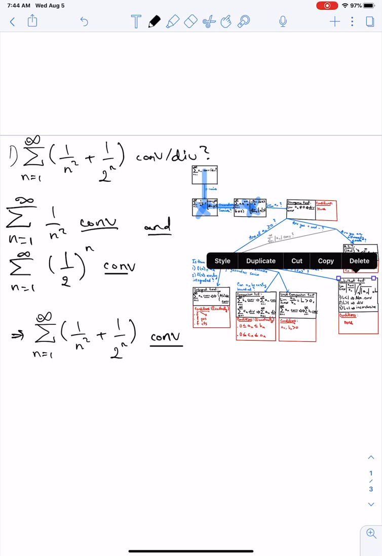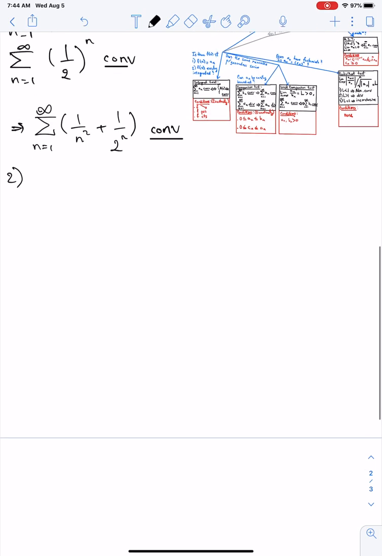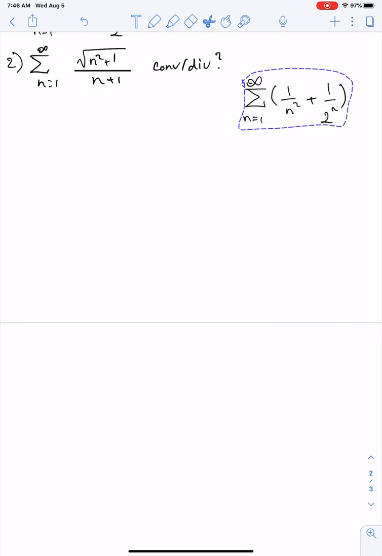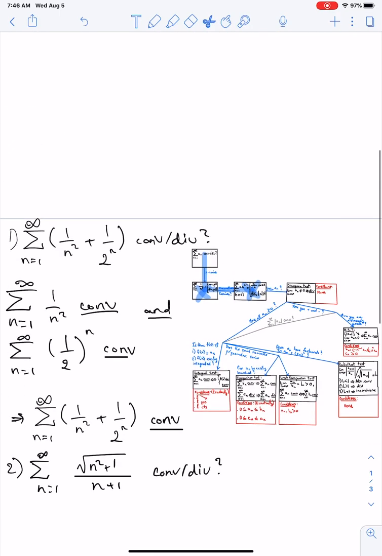All right, so let's do another one. Let's say the sum from 1 to infinity of square root of n squared plus 1 over n plus 1. Convergent or divergent? I have to paste, dang it.